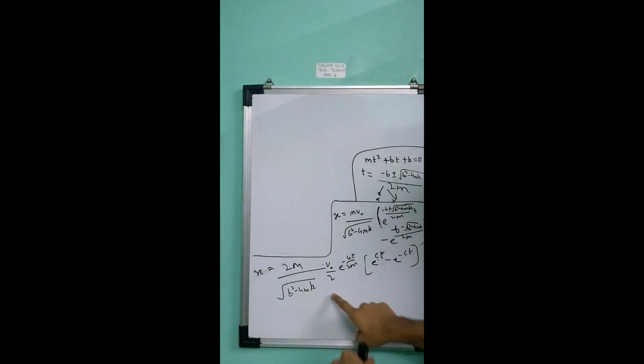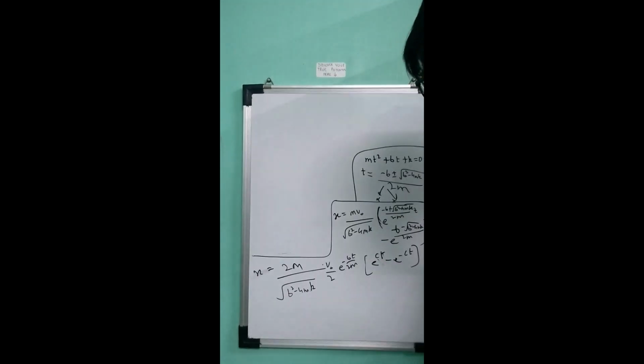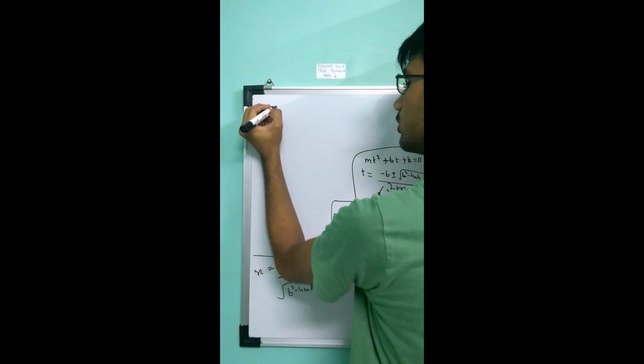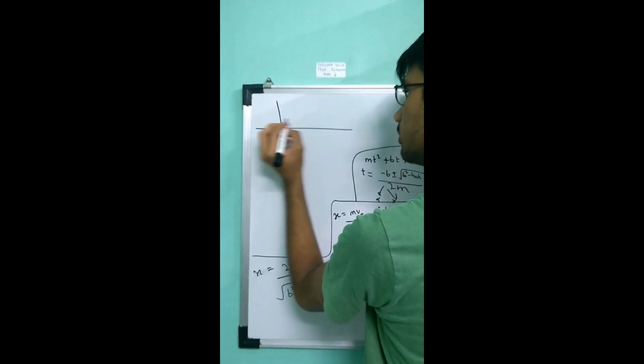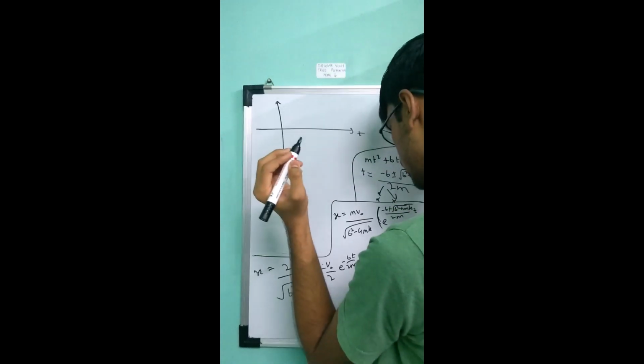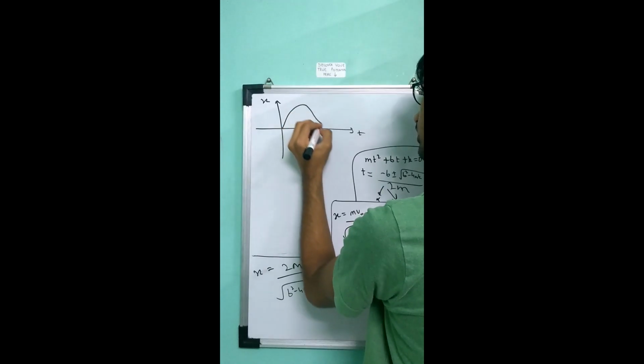So we see that this expression is real. You can verify this, but the kind of graph that we get from here, if I'm not wrong, will be something like this. If this is t and this is x, we might get something like this.